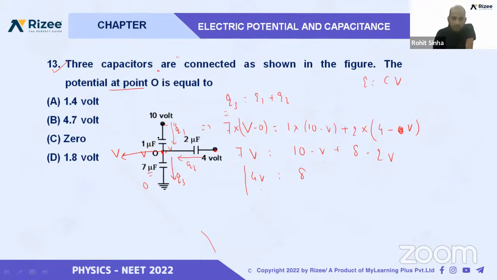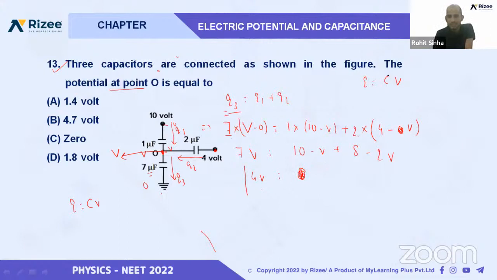See, is there any calculation mistake? We are writing Q3 here. Q3 will be voltage V minus 0. We know Q is equal to CV, so we write it as C and V. Then 7 into V minus 10, plus 1 into 10 minus V, plus... Okay, yes.